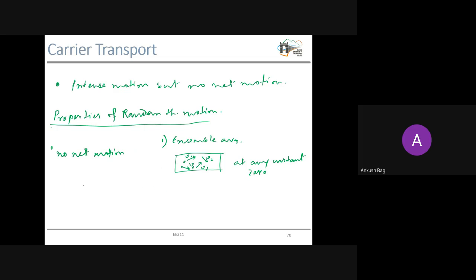Another way we can interpret this phenomenon, that there is no net motion, is to consider once again a semiconductor and a plane within it.